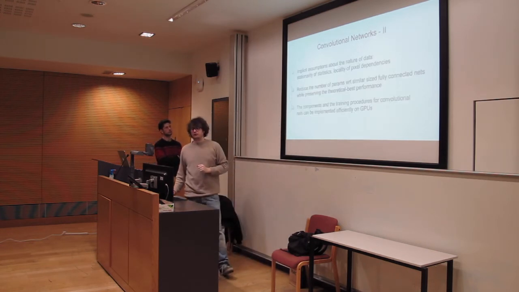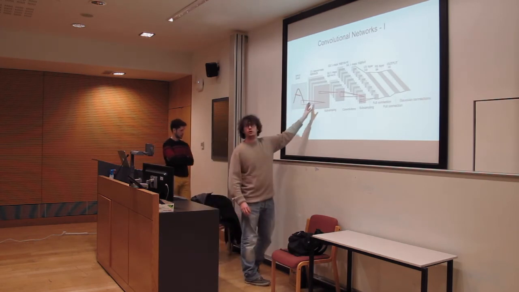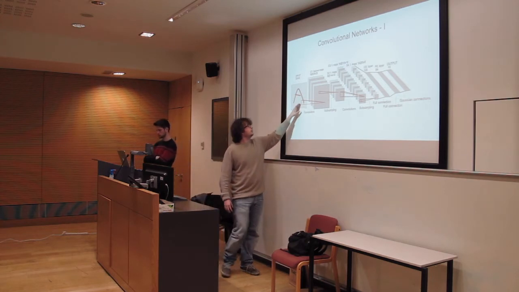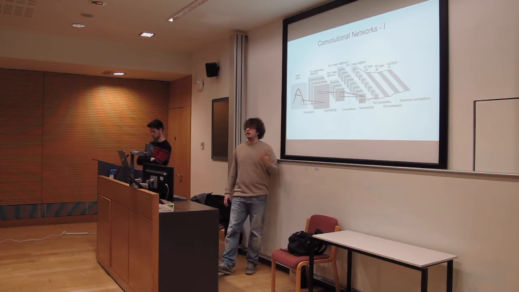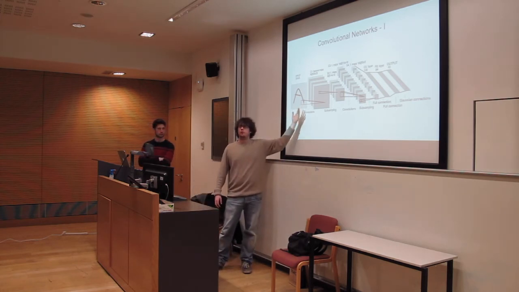This is useful because you are reducing hugely the number of parameters of your network, but at the same time, the type of structure you are assuming reflects some real properties of the data. Images have a form of locality.